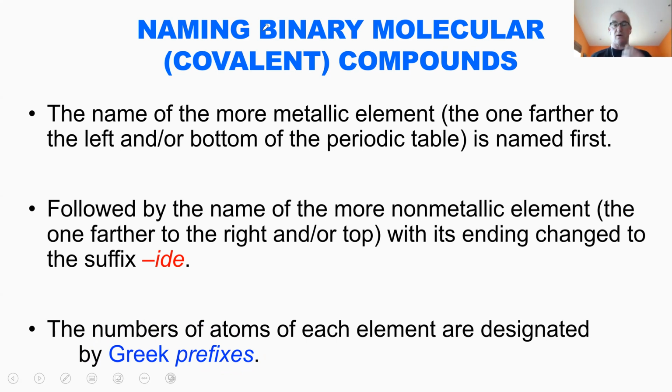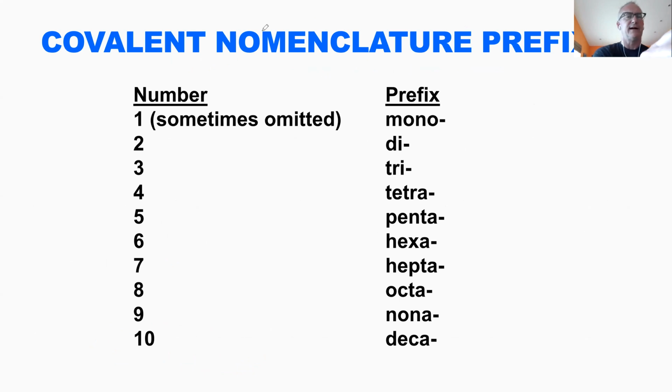Anyway, so we need to remember some Greek prefixes. But even if you don't remember them, I've got them in the table there. You're probably familiar with a lot of these. Mono, di, tri, you're probably really familiar with those because we use those all the time. The ones that we don't see quite as often are 4 to 10. So tetra, penta, hexa, and then really we don't use these ones at the bottom very often, but hepta, octa, nona, and deca.